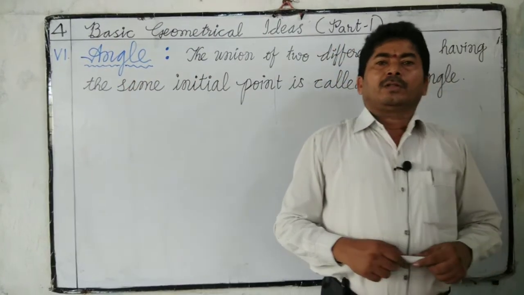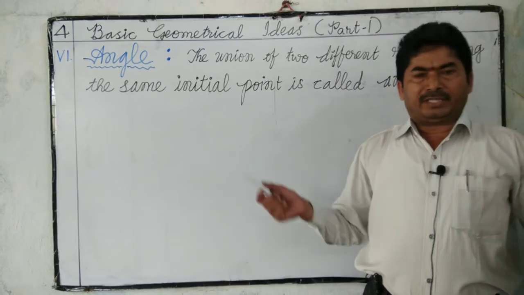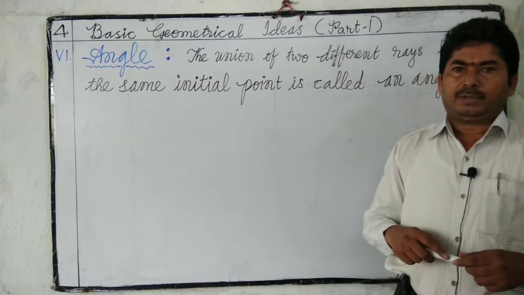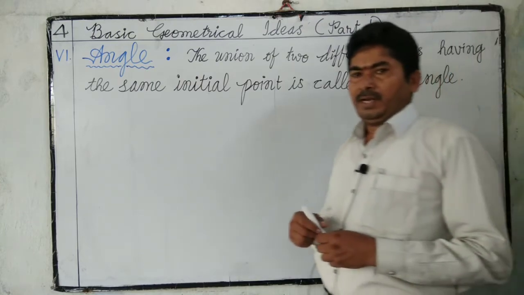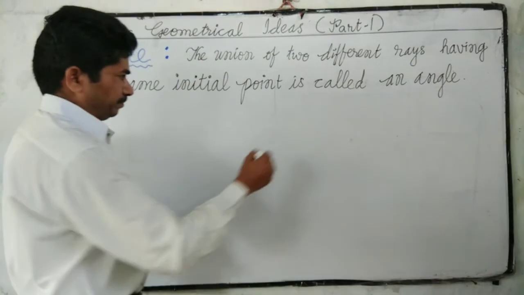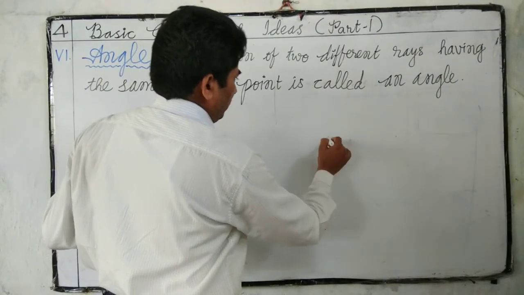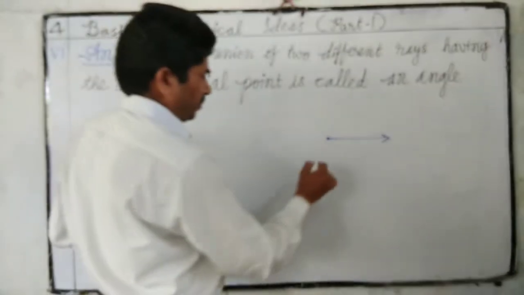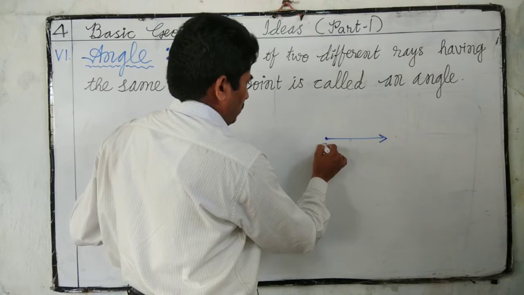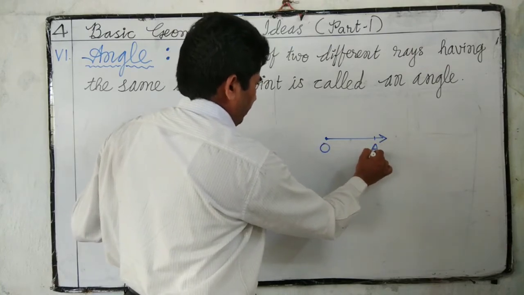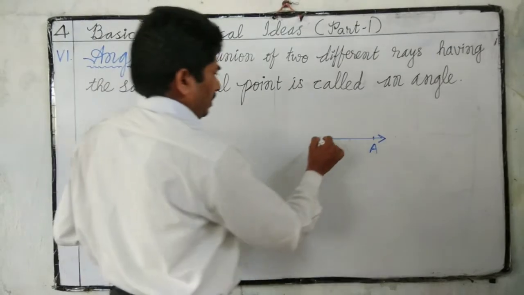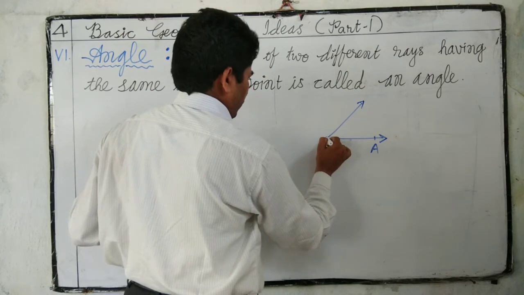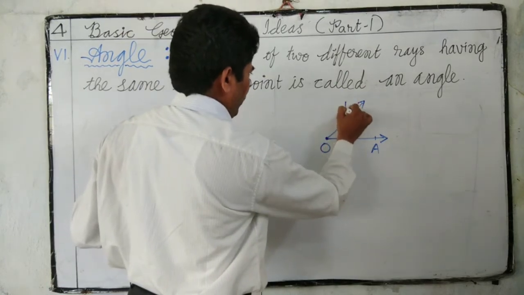Angle. The union of two different rays having the same initial point is called an angle. Let us see in the figure. This is one ray, OA. Another one is also going from here only, OB.